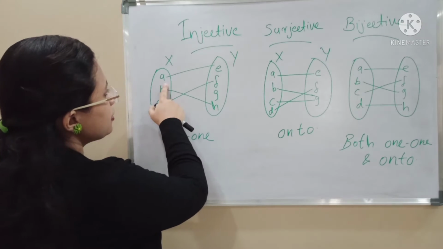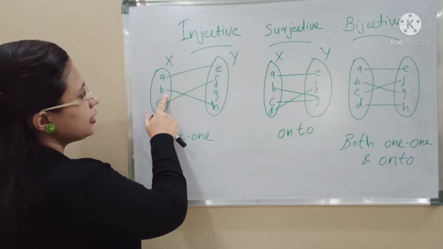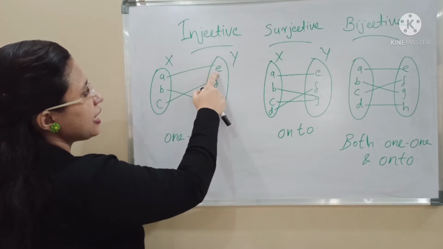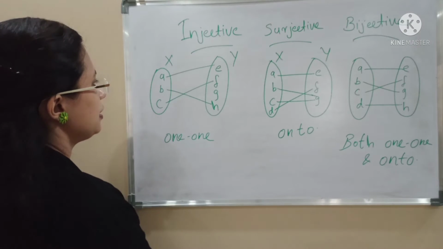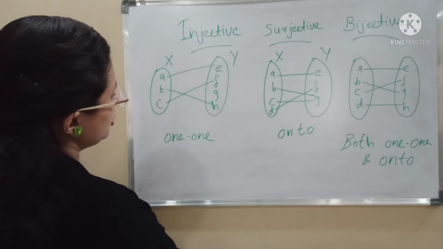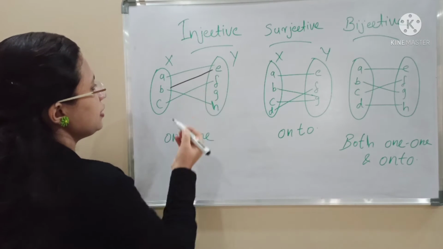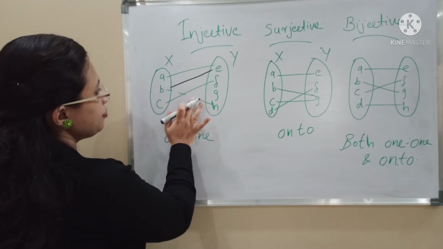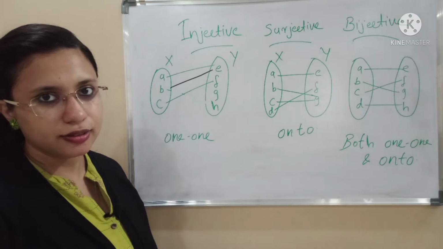So suppose A and B are having the same image E here, instead of this, A and B are related with E. Will it be a 1-to-1 function?